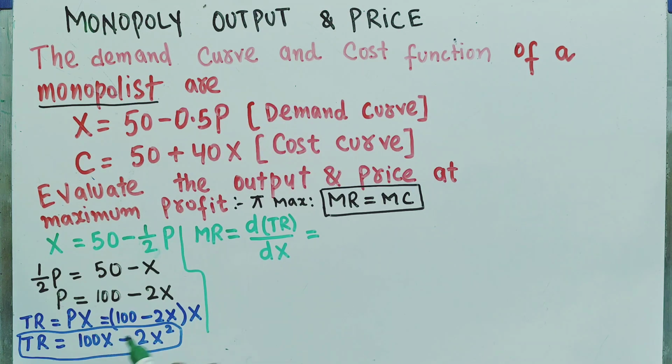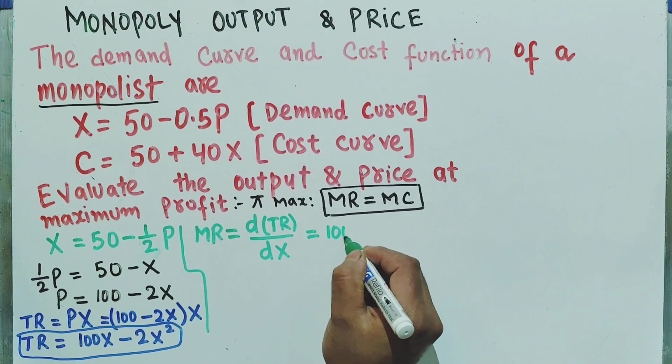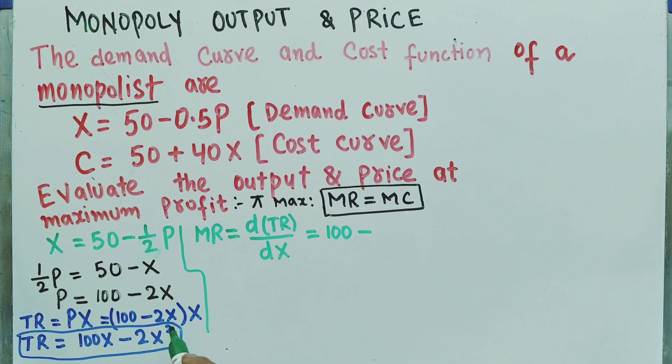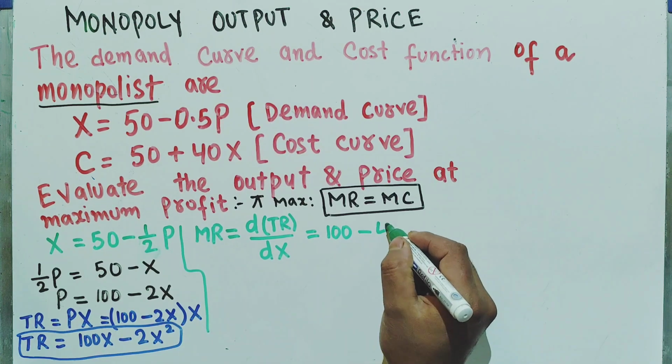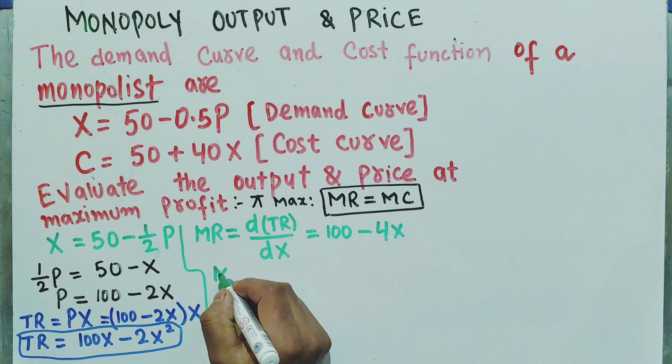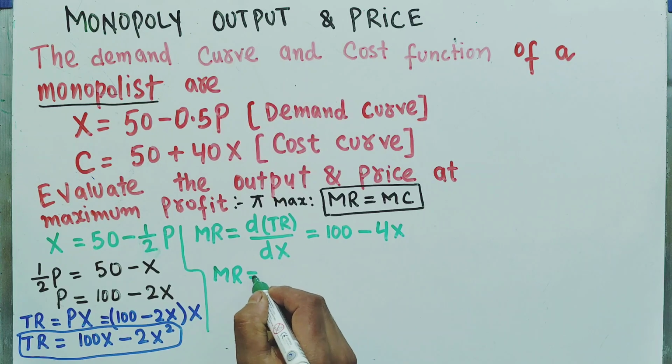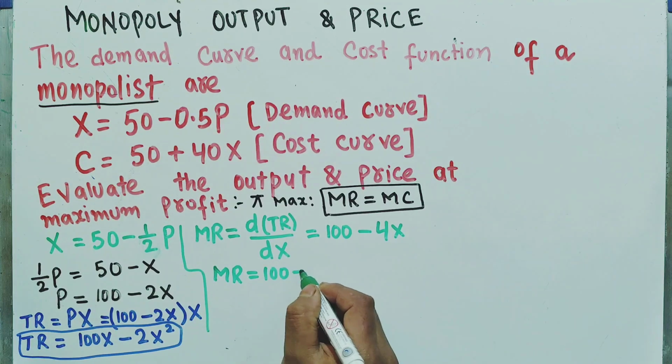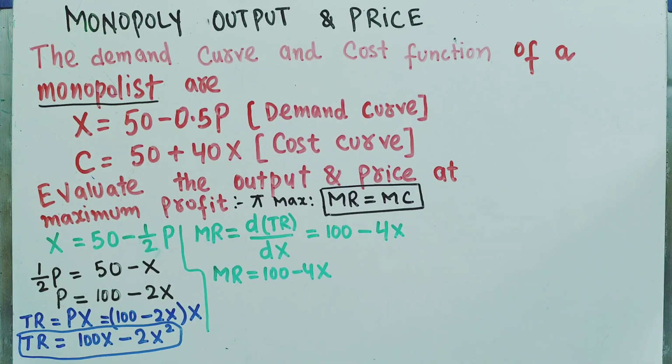Derivative of x is 1, so we are left with 100, minus the derivative of x square, which is 2x, so 2 into 2 is 4x, using the power function rule. So marginal revenue is equal to 100 minus 4x. We are done with the marginal revenue function.